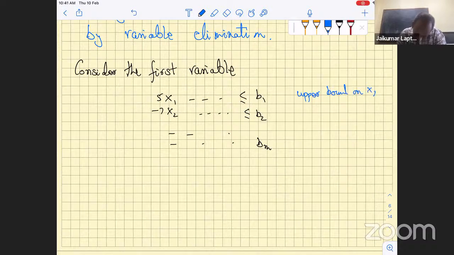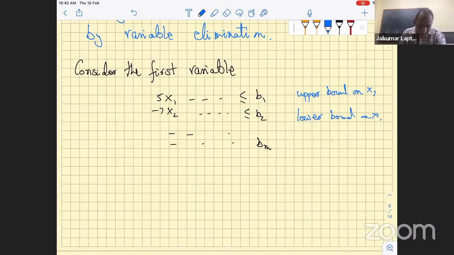And in this case, because this is a negative coefficient, I can move 7x2 to this side, move the b2 to this side, and then divide by 7, and I get a lower bound on x1, and so on.